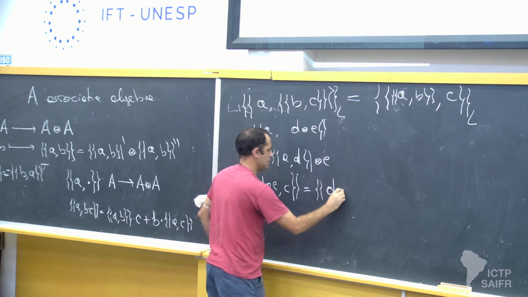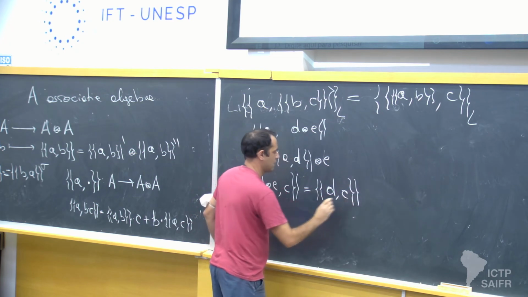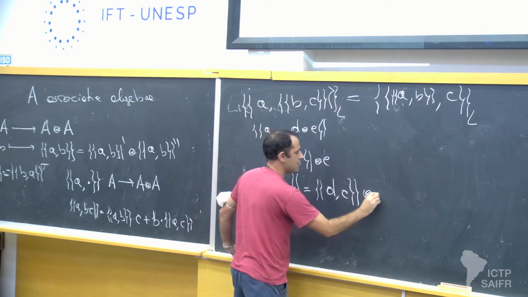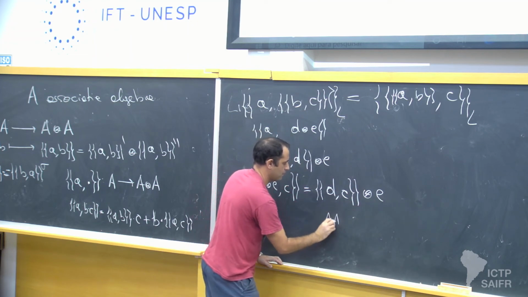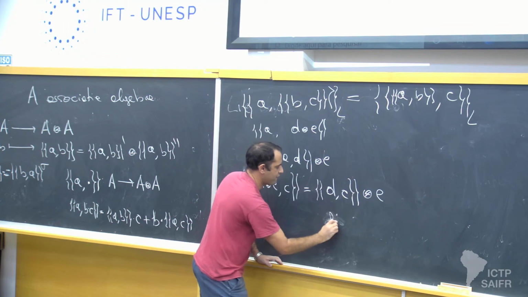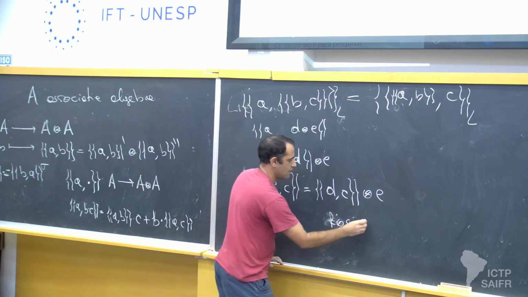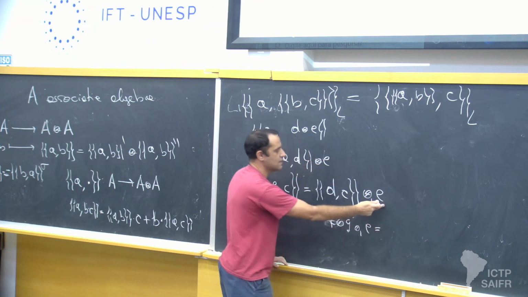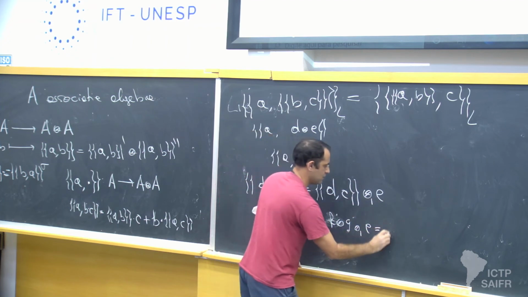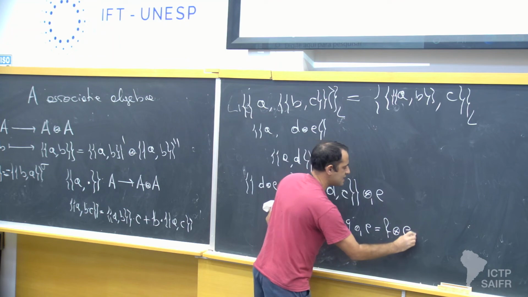So this is the bracket of D with C, tensor E. But now this is in A tensor A. So let's say that this is F tensor G. I'm going to put a 1 here, and that 1 here means skip the first factor. So this is F tensor E tensor G.